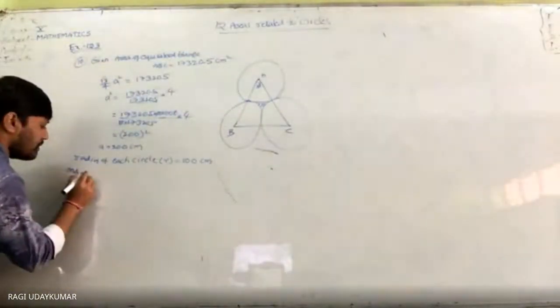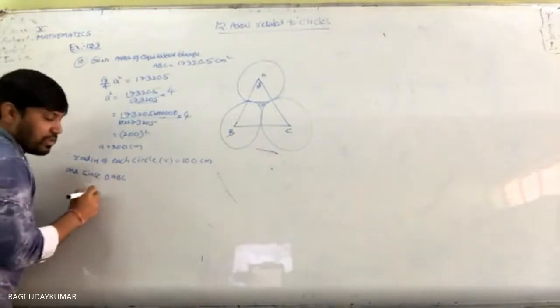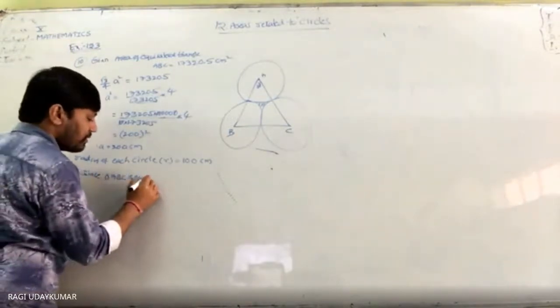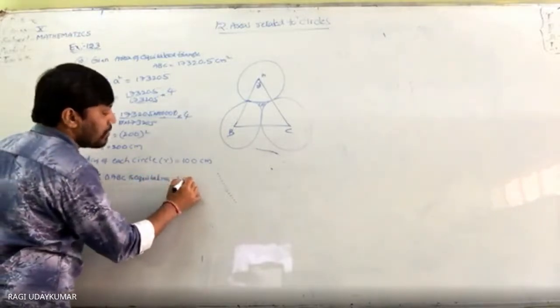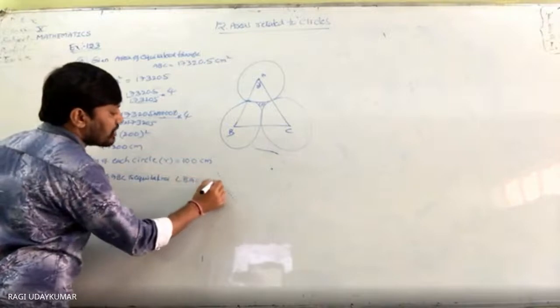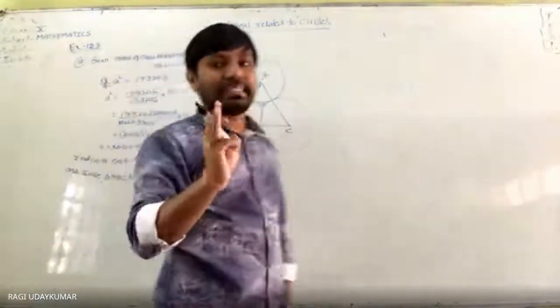Since triangle ABC is equilateral, angle BAC is equal to 60 degrees. So 60 degrees making sectors, 3 sectors.